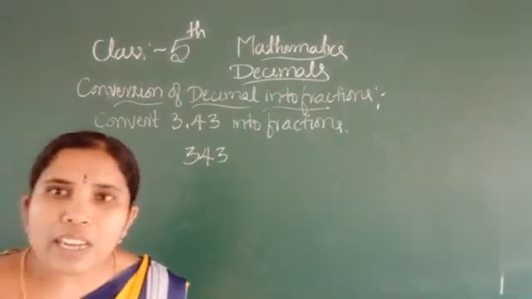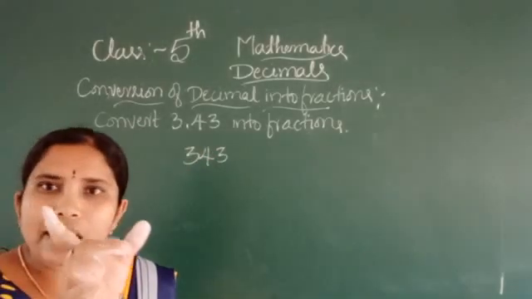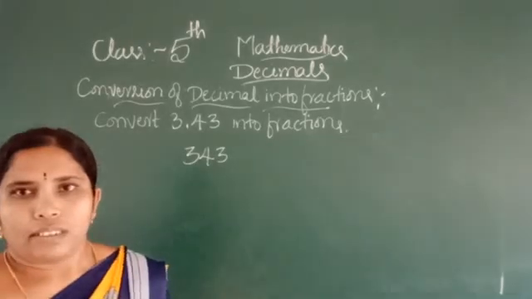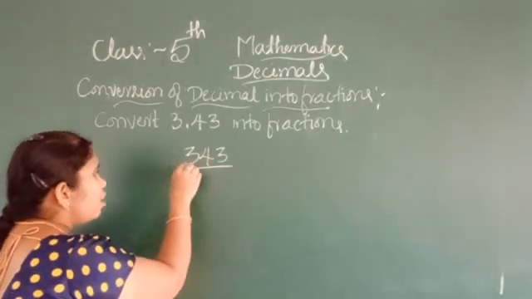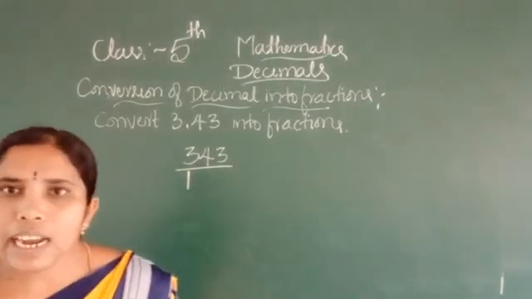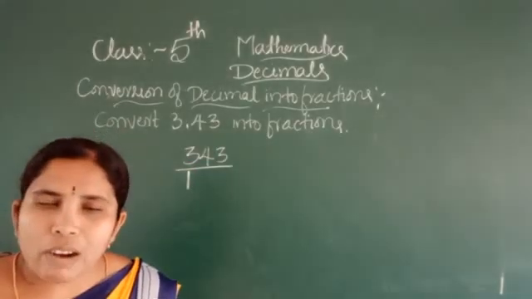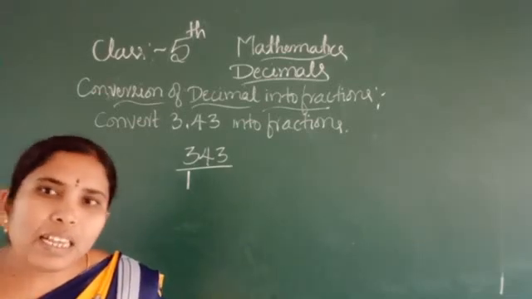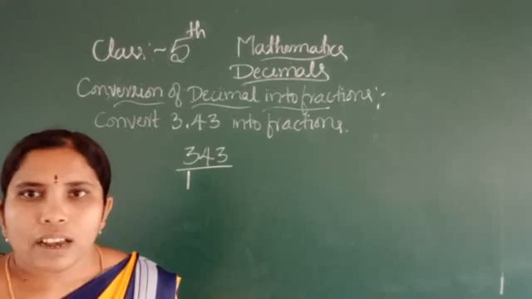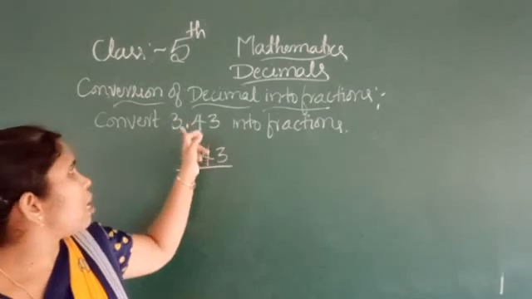In the denominator, write 1 first. Now count how many digits are there after the decimal point.